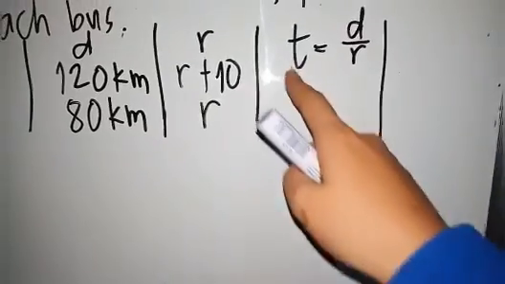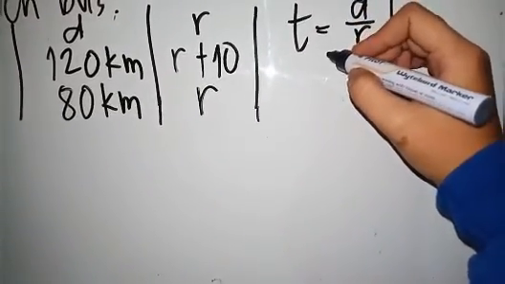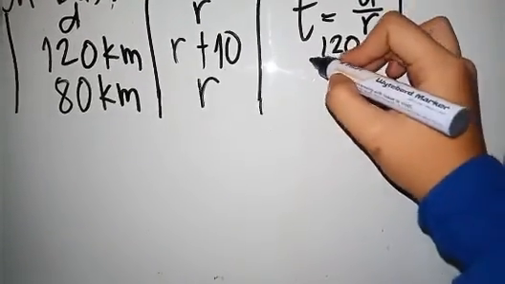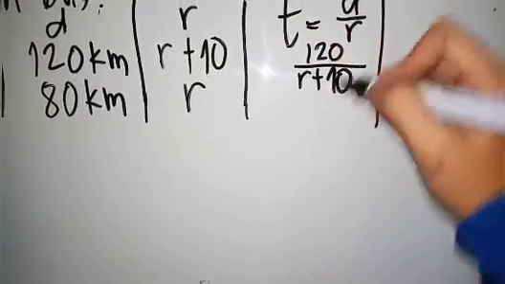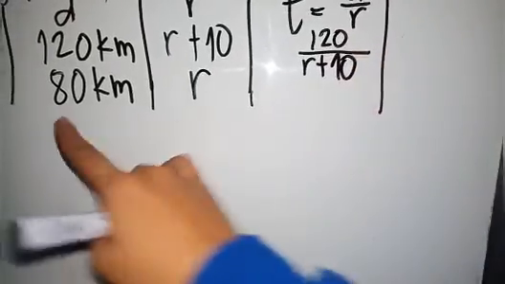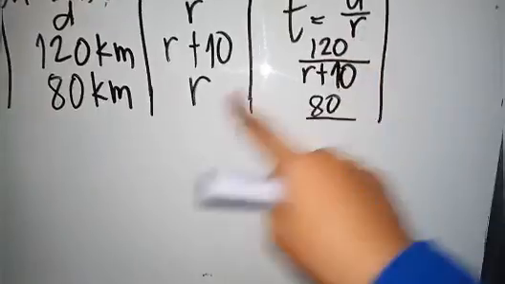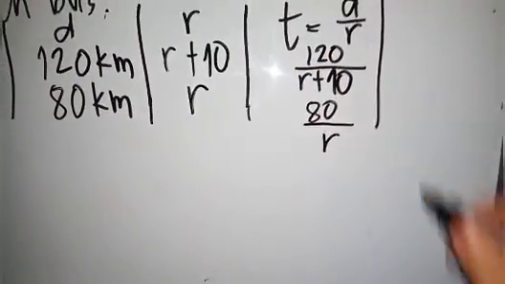So, dito, ang magiging time natin is distance, we have 100 all over by yung ating rate, which is R plus 10. Then, dito naman sa ating bus B, we have yung distance natin ay 80. So, we have 80 all over by R, or yung rate natin, which is represent as R also.